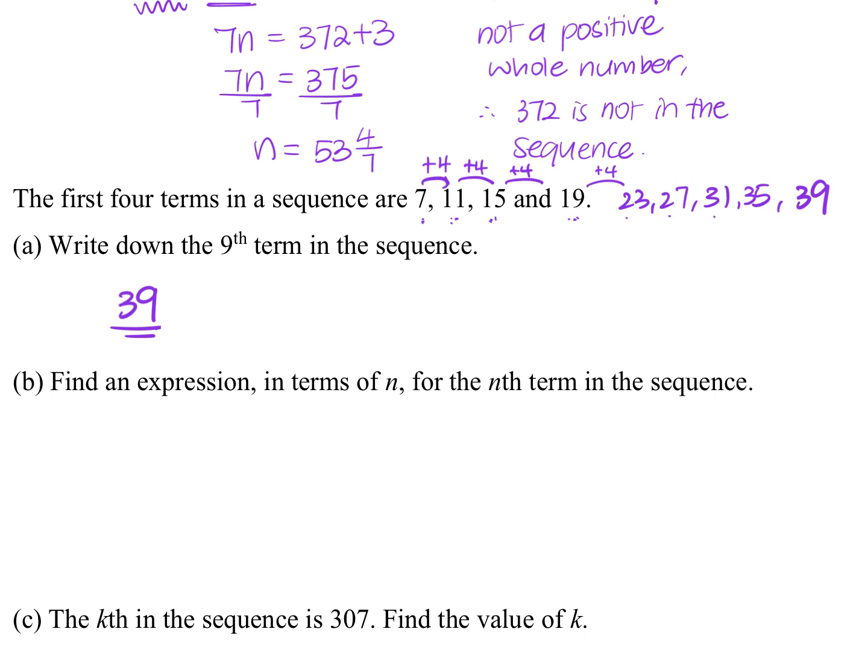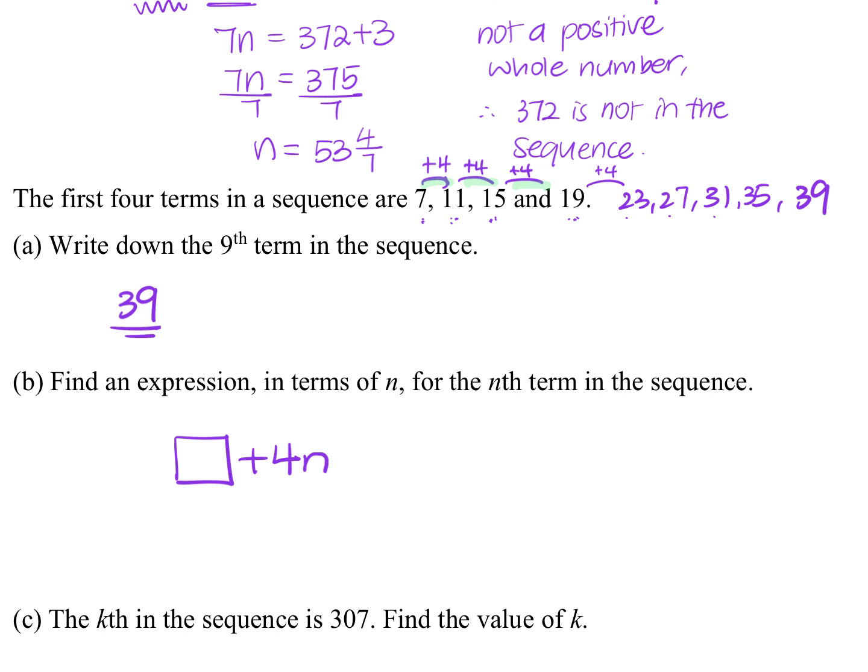Alternatively, what can we do? We can write down an expression. This pattern over here is plus 4, plus 4, plus 4. So my pattern will definitely have something plus 4 times n, because it keeps adding 4 a number of times.